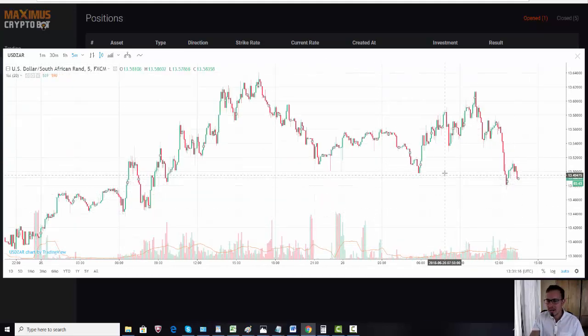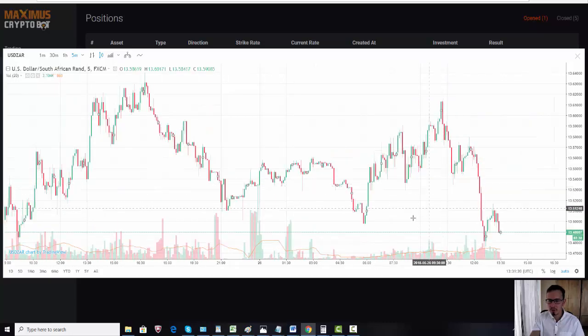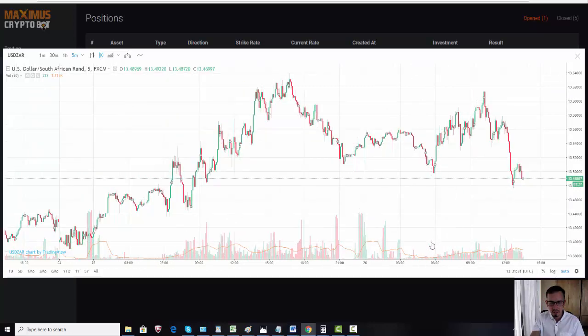Let me see. So the price broke through this level, which was a major support, which was broken, and then it found another support here. So what happened here? We invested in this candle right here, and here we can see that there was another support.